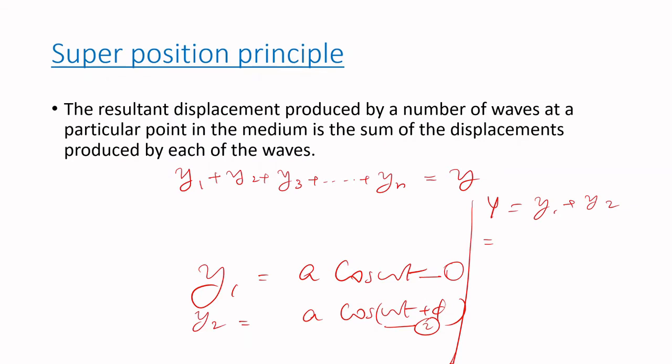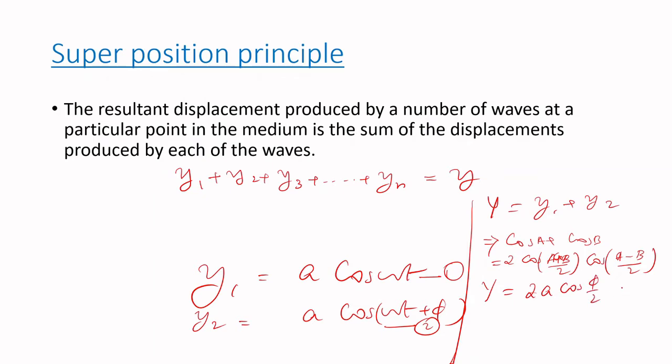Now when we add these two together, we will use the identity cos A plus cos B equals 2 cos((A plus B)/2) into cos((A minus B)/2). Applying this to a cos omega t and a cos(omega t plus phi), y results as 2a cos(phi/2) cos(omega t plus phi/2). So the part 2a cos(phi/2) is taken as the new amplitude.